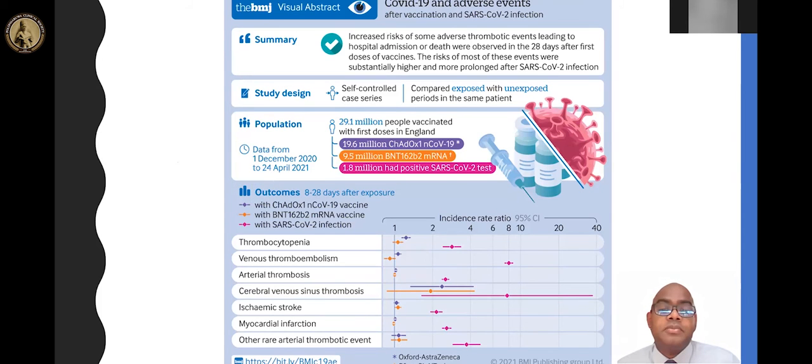When it comes to the lower part of the slide, you could see that the MI, ischemic stroke, cerebral venous sinus thrombosis, and thrombocytopenia are very much less common in the vaccinated group compared to the infection per se.